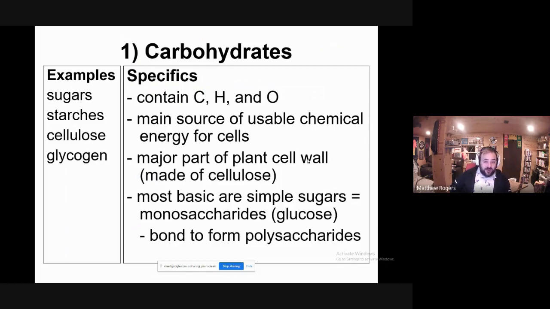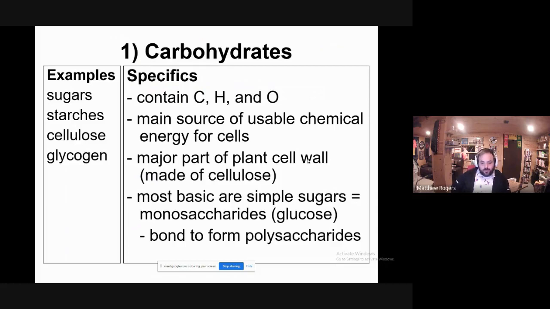Now, it doesn't wait forever. Glycogen has a half-life of about 48 to 72 hours. If you don't use your glycogen in about 72 hours, it converts to fats, which is long-term storage of carbohydrates. So glycogen is kind of like a temporary storage, and if you don't end up using it, it turns into fat inside your body.